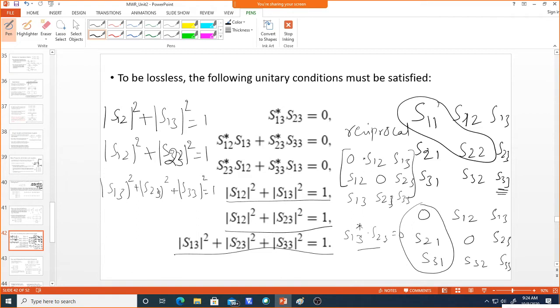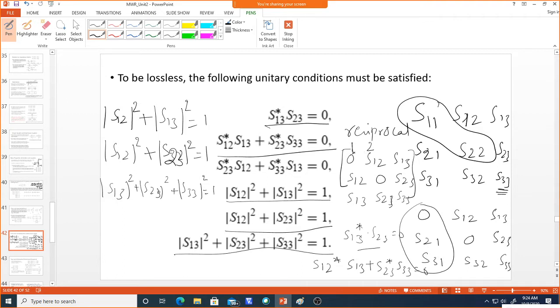So if you multiply the first column with the second column, you will get the first condition. Similarly, if you multiply second and third, this will become 0 and you will get this equation, that is S12 complex conjugate S13 plus S23 complex conjugate S33, which will be equal to 0. That is what we get here.